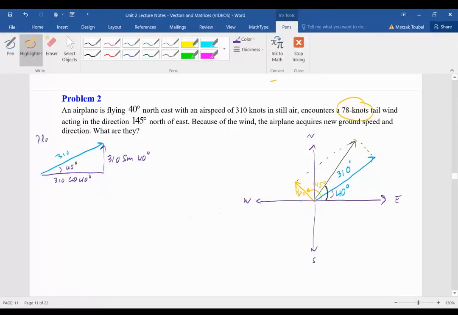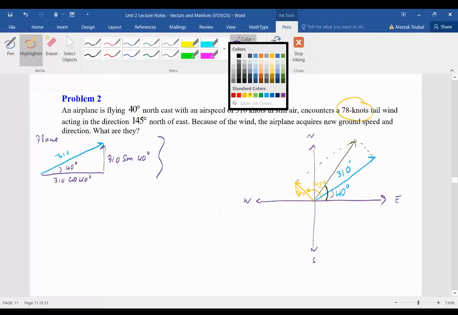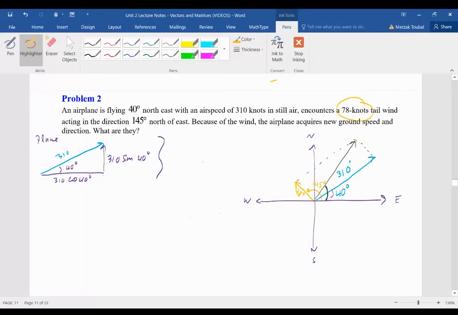So this is the plane. Okay. Let's do the other one. Let's use a different color for that one. Here's the vector. Now its horizontal component will be this one. The wind, this is W. The horizontal component will be this one. Vertical will be this one. This is 78 magnitude? Yes. Now, we can use 145 directly.